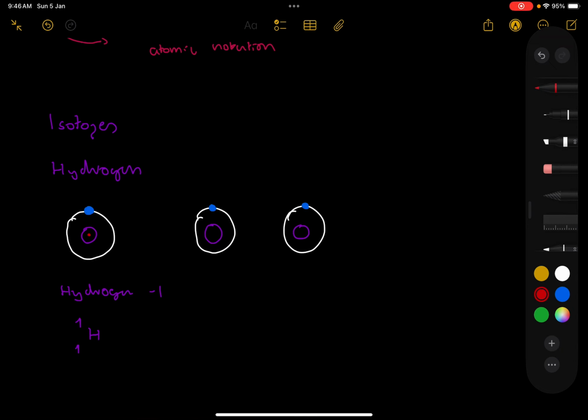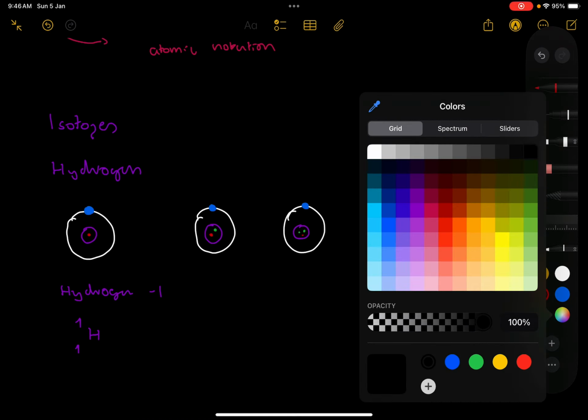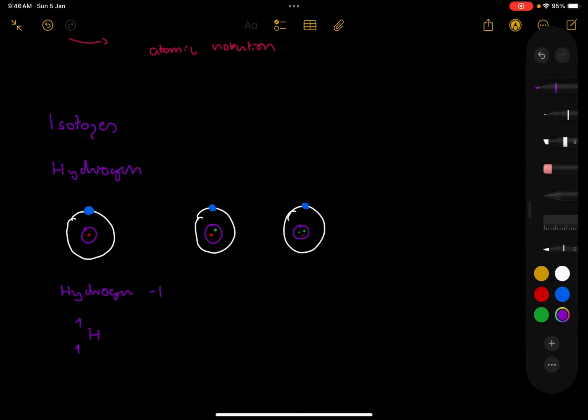We have 1 proton. Over here we have 1 proton and 1 neutron. Over here we have 2 neutrons, 1 proton. By the way, they're actually a lot bigger than this. In the diagram that I drew, the protons and neutrons look smaller than the electron, but they're actually bigger.